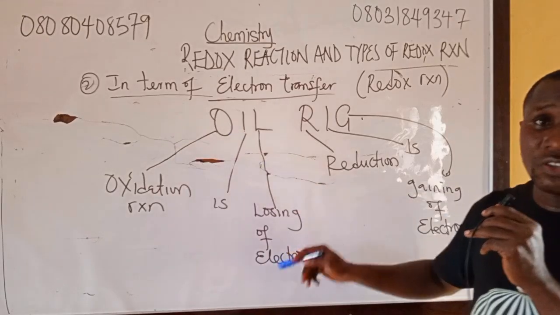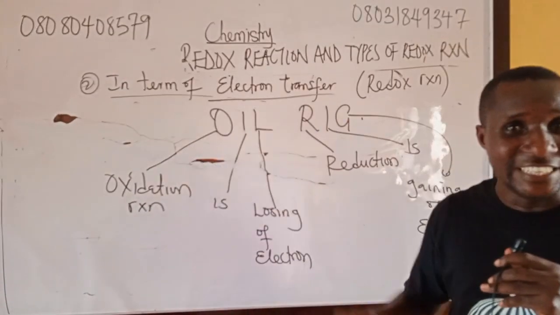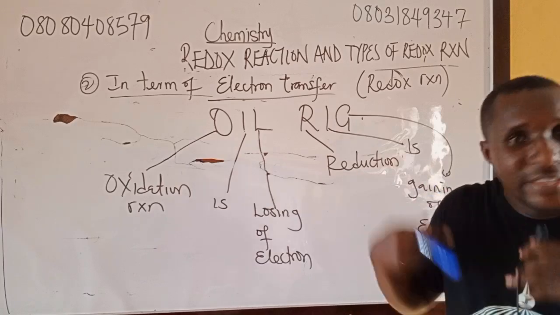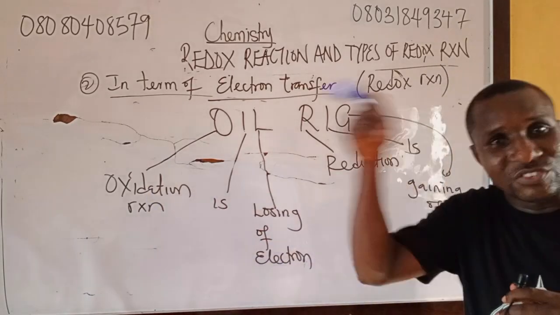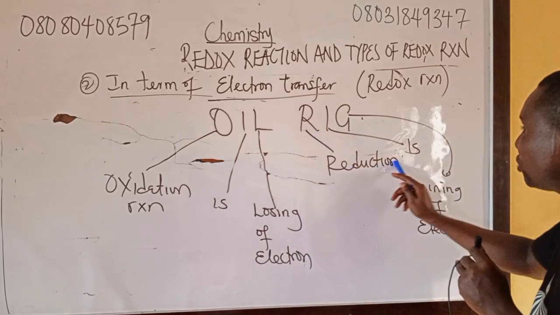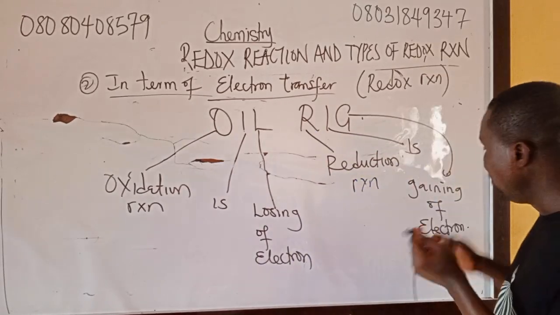That means oxidation reaction involves an agent that loses electron, which is the reducing agent. Reduction reaction is gaining of electron.